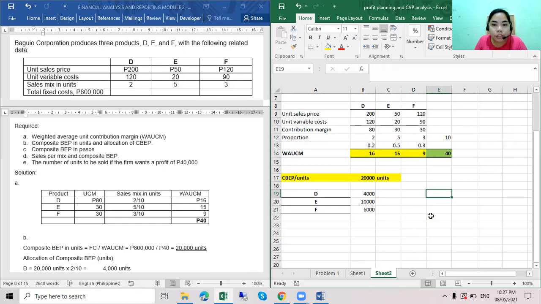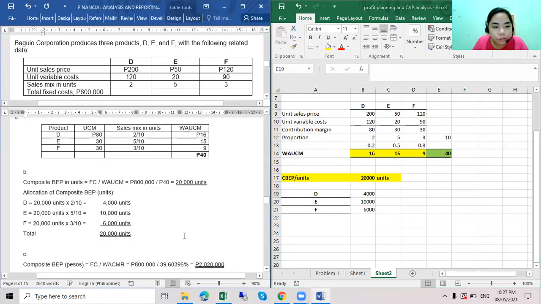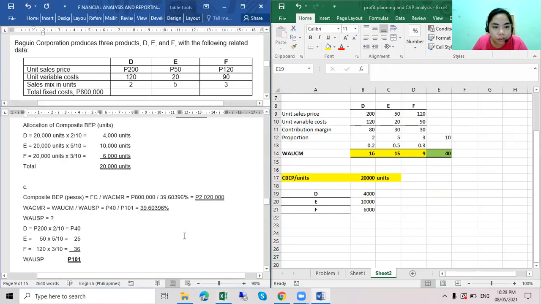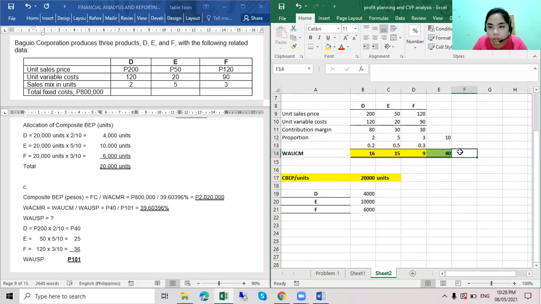Composite break-even point in pesos. So, composite break-even point in pesos, inakuha na di si 370, 60.